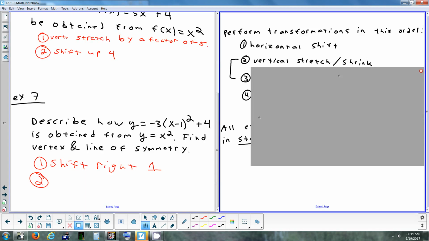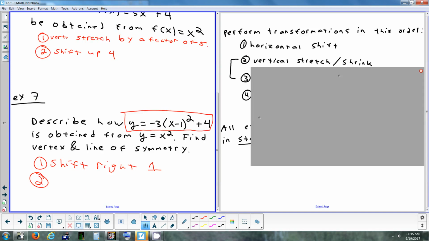Second step. If you have any vertical stretches or shrinks, now you name those. Mike, do we have any vertical stretches or shrinks in that problem? You're not sure? You want to help Mike out with the vertical stretch?